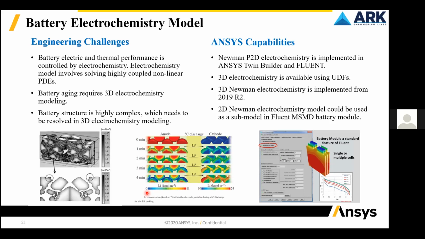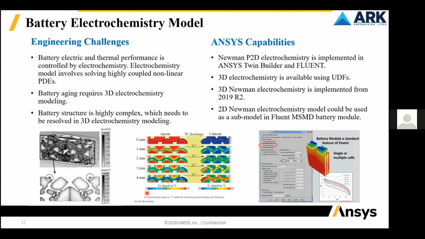So how can ANSYS help? We have Newman's P2D electrochemistry, which is implemented in ANSYS Twin Builder and Fluent as well. You can make use of this for the electrochemistry models. Then 3D electrochemistry models are also available using UDFs, that is user defined functions.